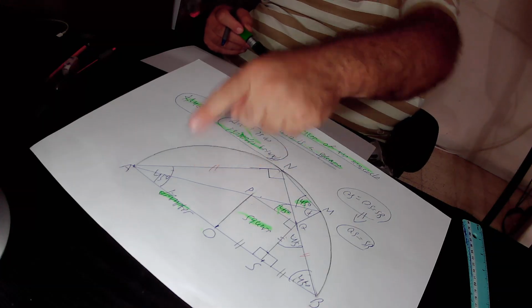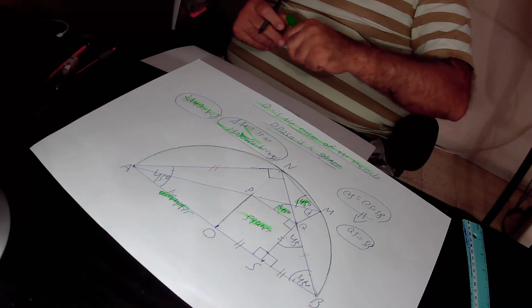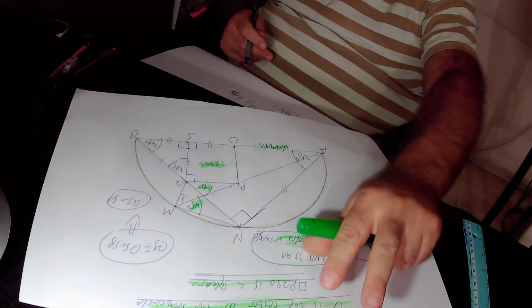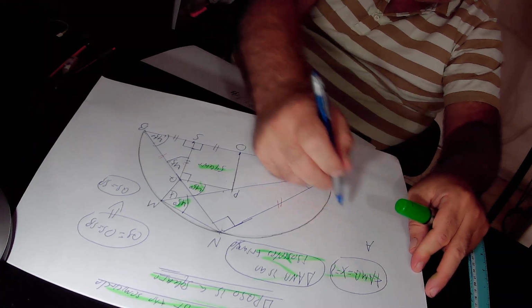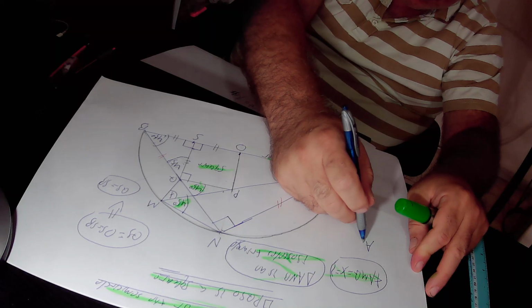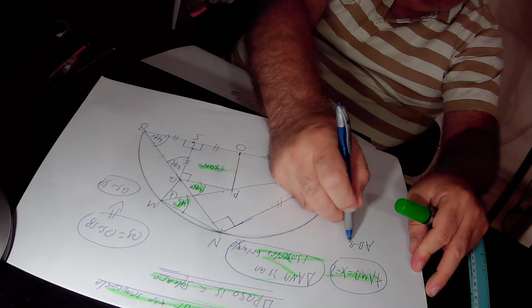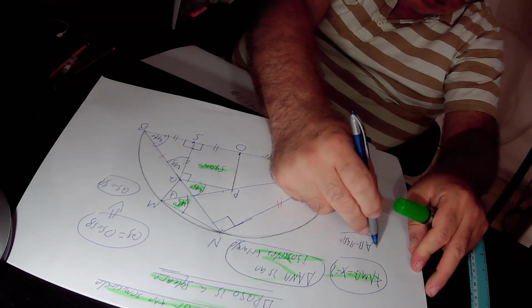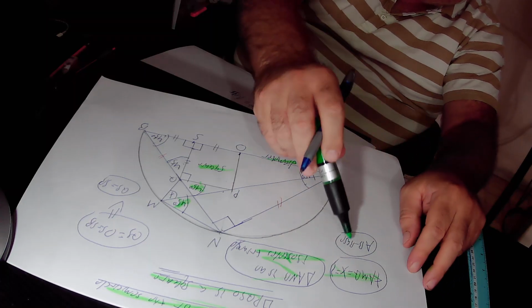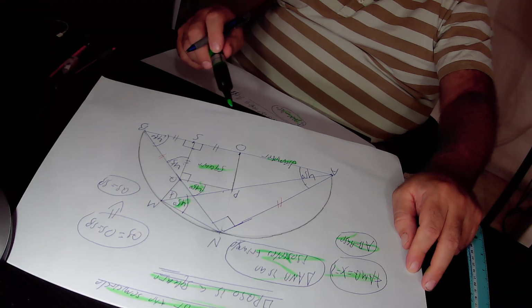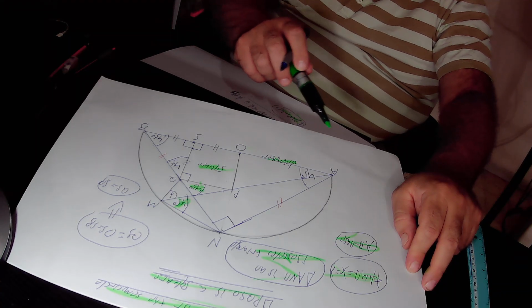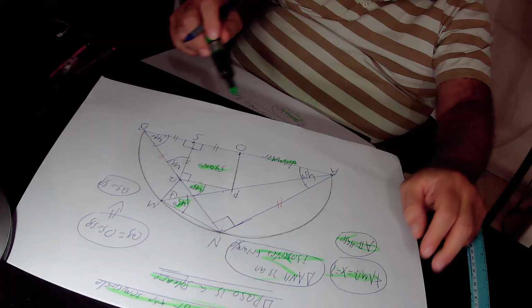But AB is also the diameter. So AB is the diameter, and AB is the base of the isosceles triangle ANB. So AB is simultaneously the diameter of the semicircle and the base of this triangle, triangle ANB.